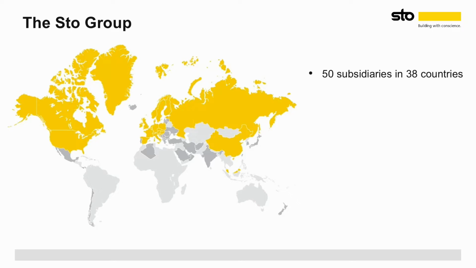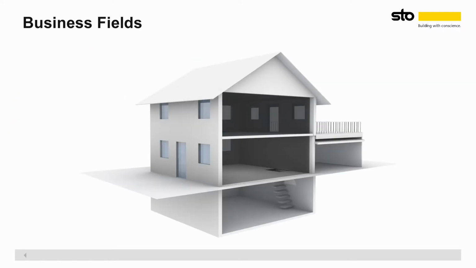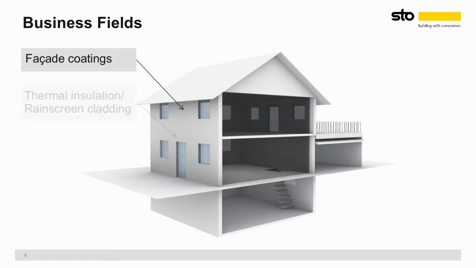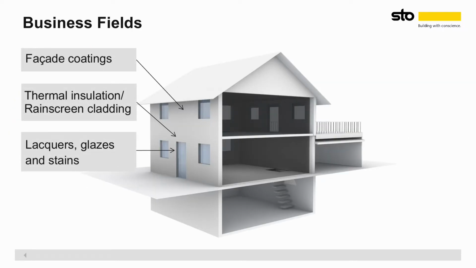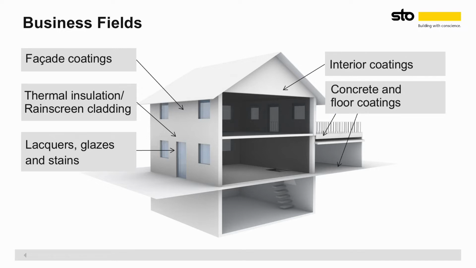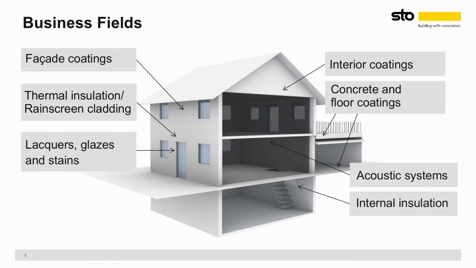Today, the group has 50 subsidiaries in 38 countries and employs over 5,700 people. Our business is known first and foremost for our cement-free plaster render finishes and reinforcement, which, when used as part of our external wall insulation systems, EWIS, and rainscreen cladding systems, offer a huge choice of attractive, durable, energy-saving, and hence cost-effective options for refurbishment or new build construction.